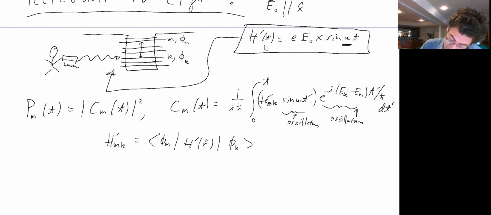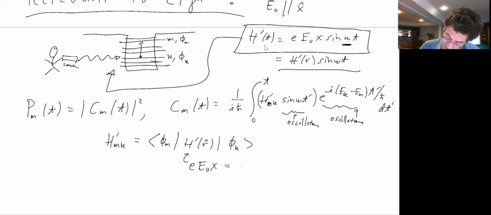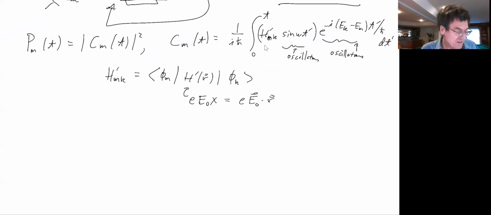This is going to be h prime of r sine omega t. And so this h prime of r for light is going to be e times E naught x, which is the same as E naught dot r. Okay, and so we've got to do that integral. So let's do it.